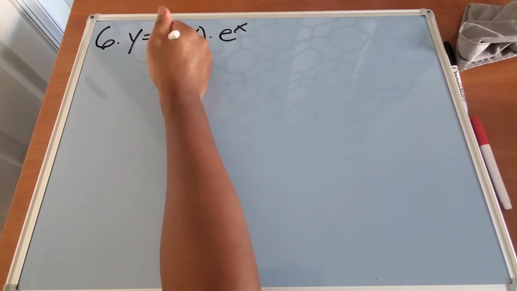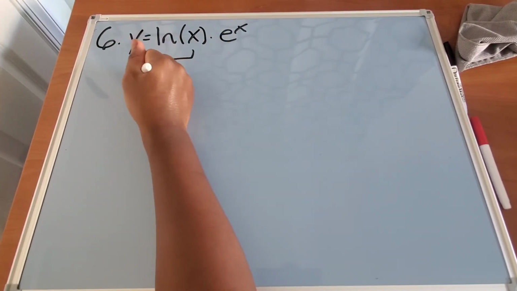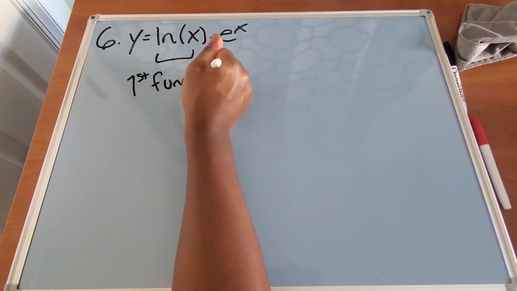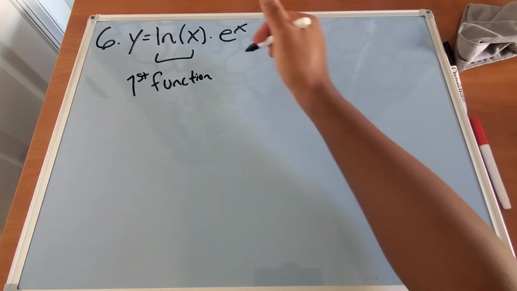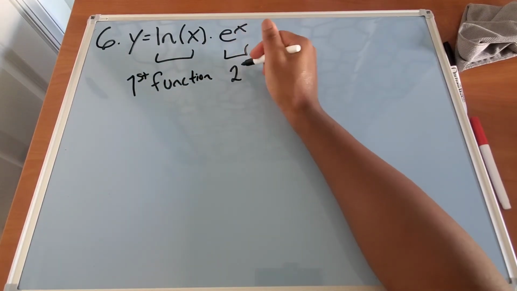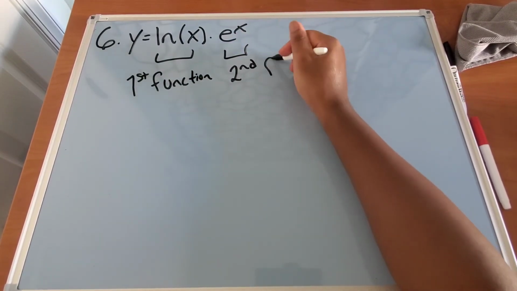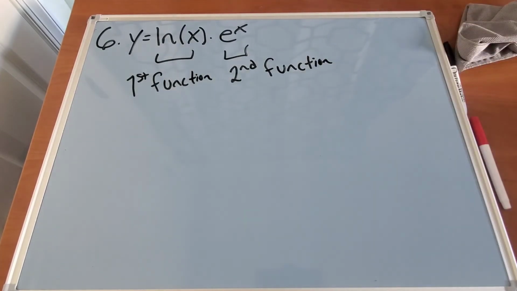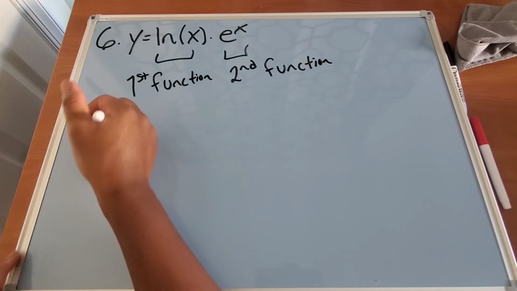So we know the natural log of x is our first function, and we know that e to the x is our second function. So we can just apply the product rule and take the derivative.